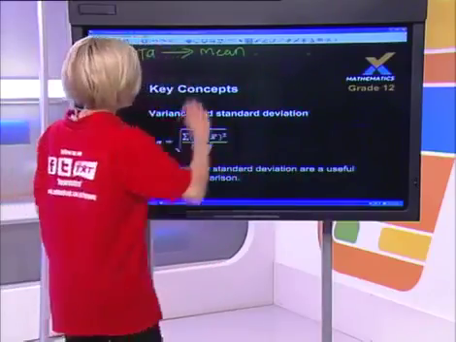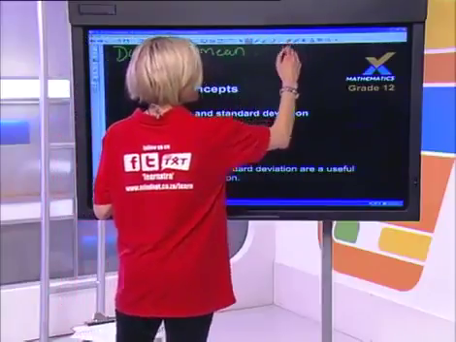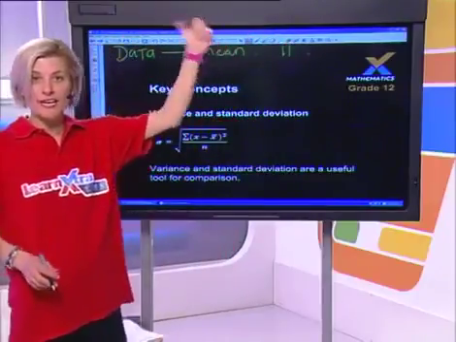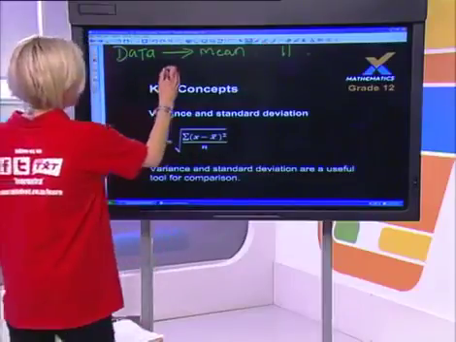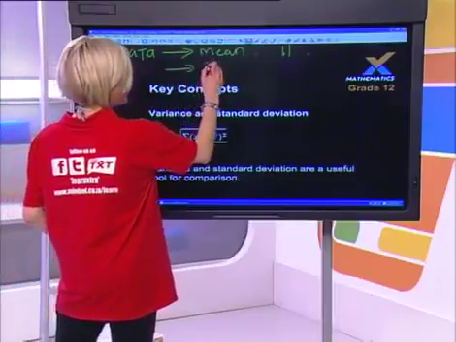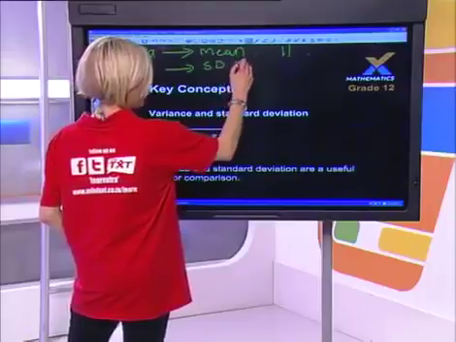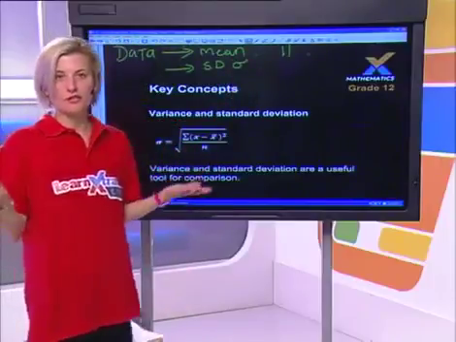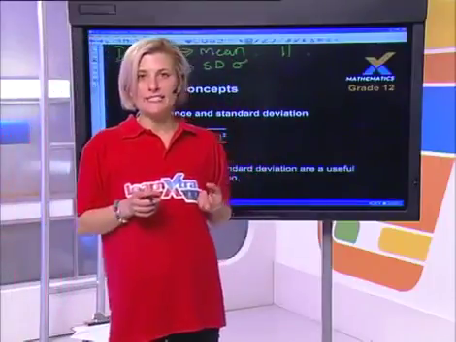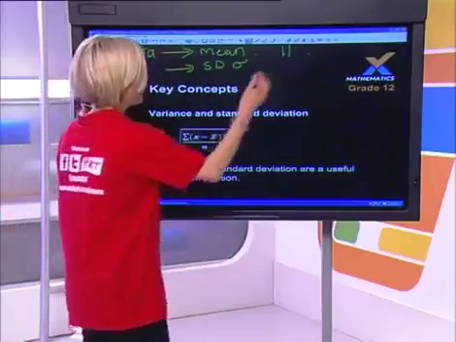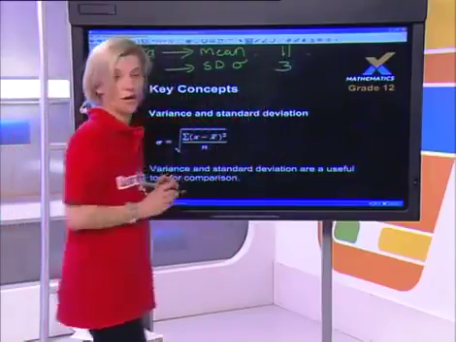I'm making something up. I'm saying that the mean is 11, okay? So point number 1, calculate the mean. Point number 2, calculate the standard deviation. You'll possibly use your calculator. I'm pretending that my standard deviation is 3, okay?